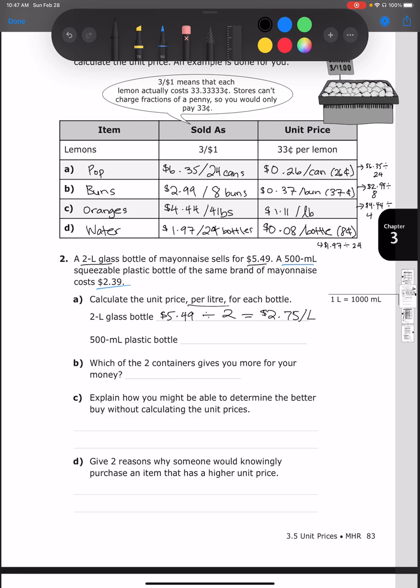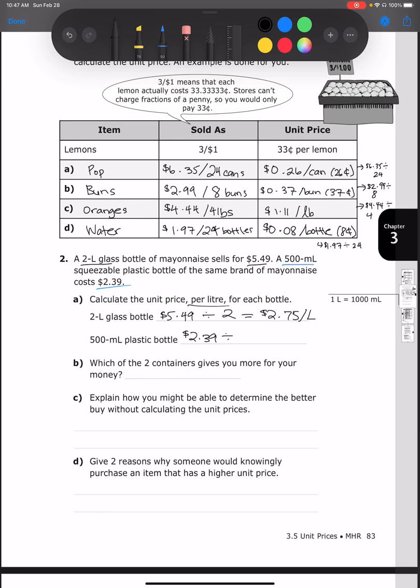Okay? For the next question, we have a 500 milliliter plastic bottle. So, there are two ways you can go about doing this. The first way is using our formula that we're used to using, okay? So we would start again with the total price, which is $2.39 divided by the number of units that we have.